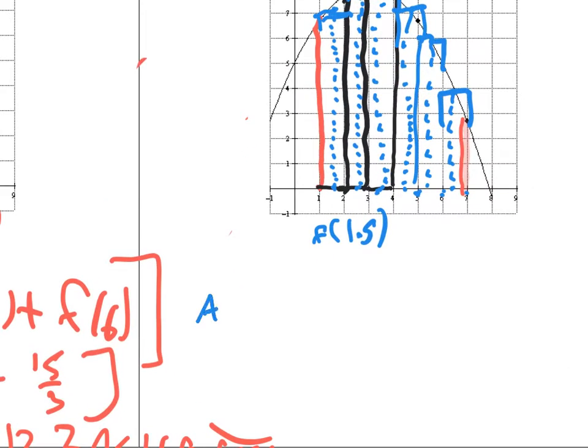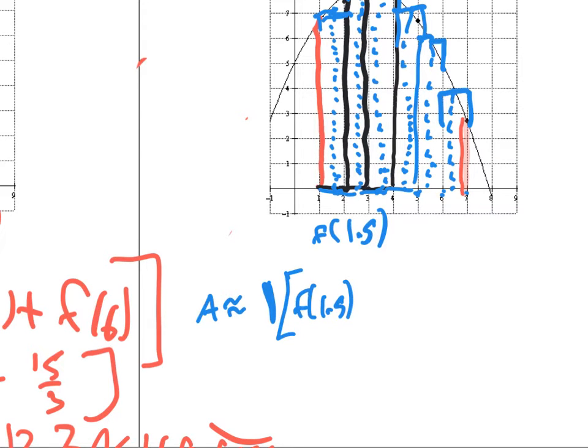So I know the area is approximately 1 times 1, which is the width of each of those. Width of 1, width of 1, width of 1, width of 1. There's 6 of them, I think. 1, 2, 3, 4, 5, 6. And the first one was f of 1.5.